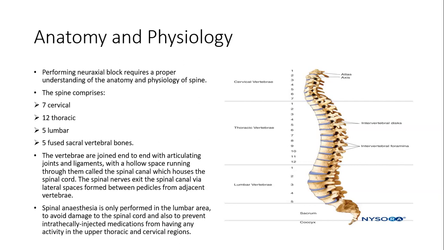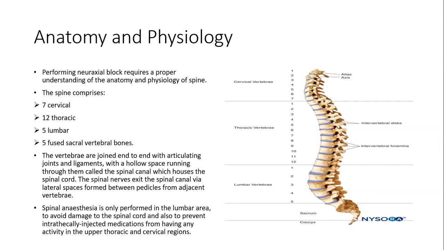All these vertebrae are joined together end to end with articulating joints and ligaments, and they house the spinal cord in the spinal canal. So the vertebral bodies form the spinal canal where it houses the spinal cord.